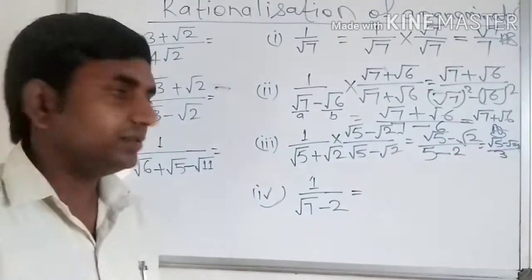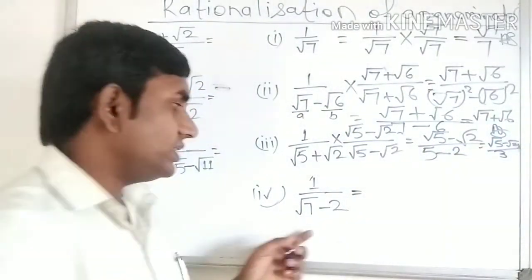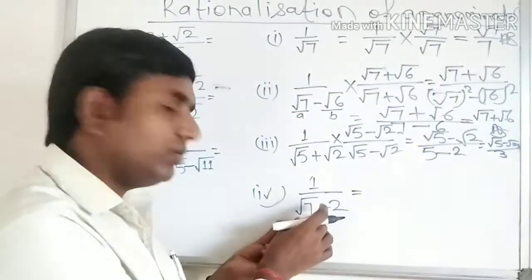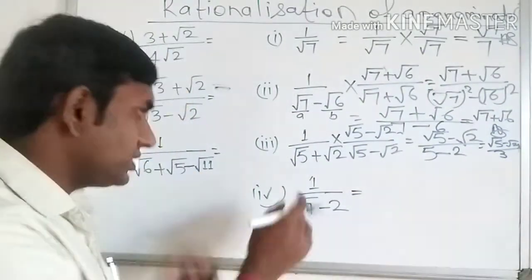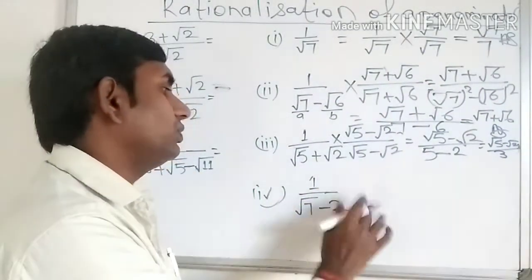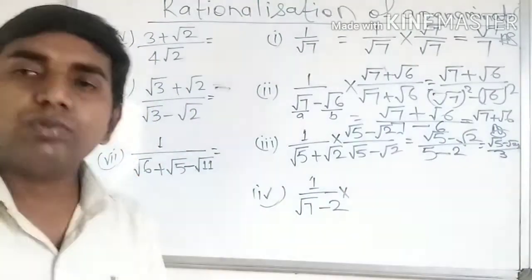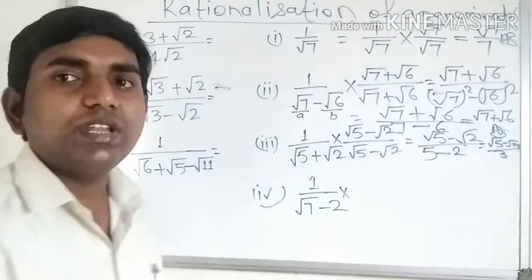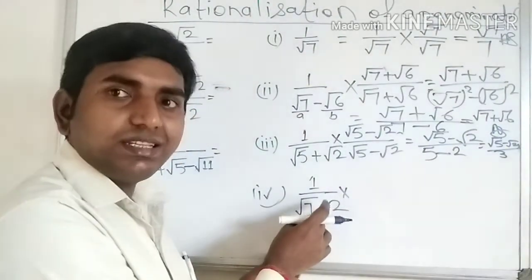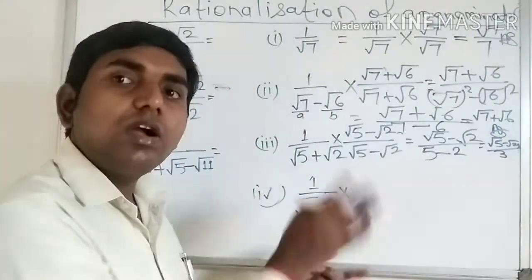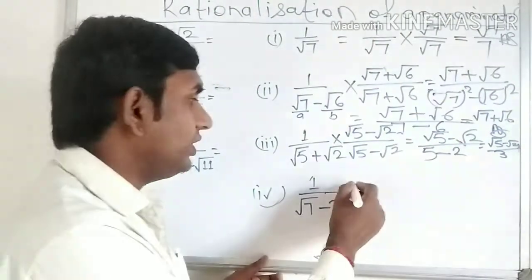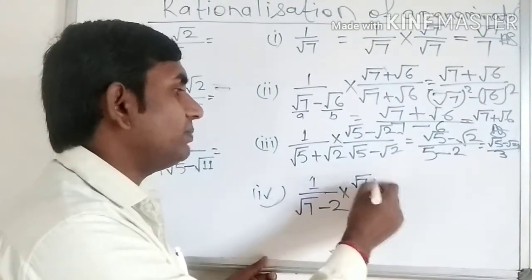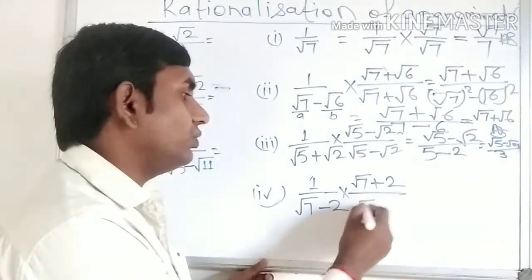It's our answer. In this question, a square root is given with only one number and we want to rationalize it, so we also have to change it into the form a square minus b square. So we have to multiply numerator and denominator. Here a minus sign is given, so we multiply by the opposite, that is the plus sign. So it's root 7 plus 2 by root 7 plus 2.